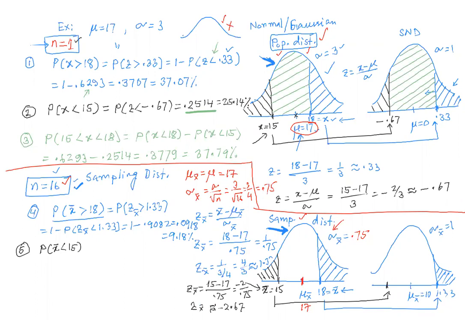I'm rounding it. So this is going to be negative 2.67. So I'm looking at this area.